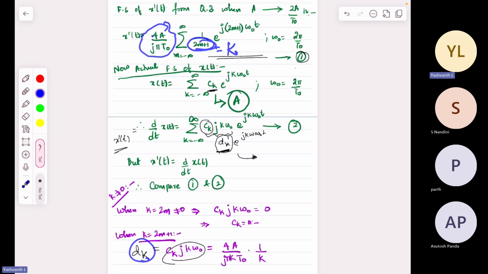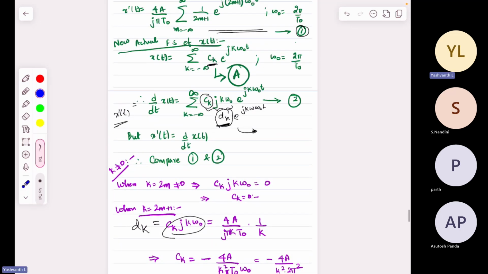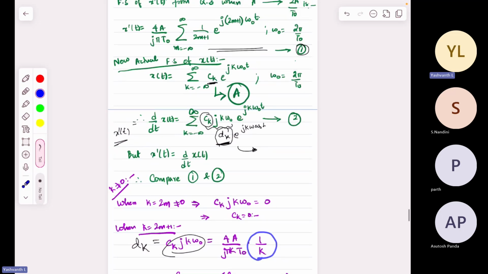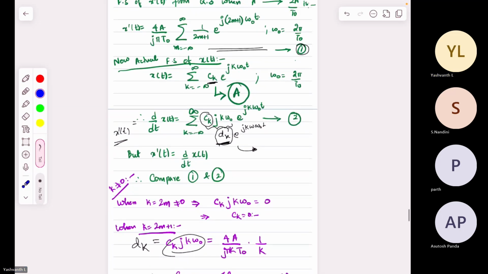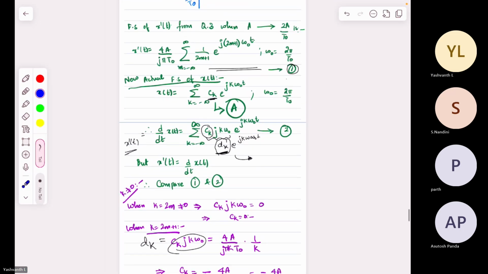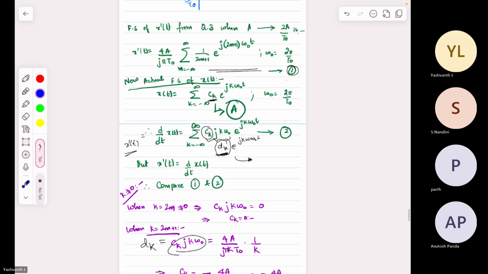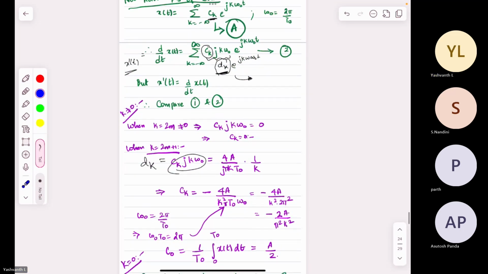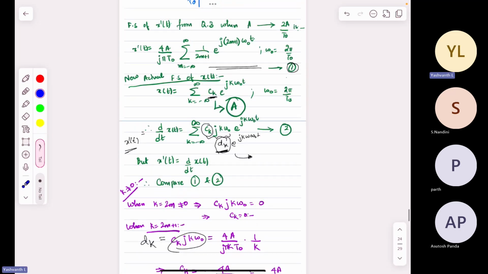So basically what you have is that 4a by jk pi t naught into, okay, one more 1 by k came, no? There are two k's. Can you see that there are two k's?